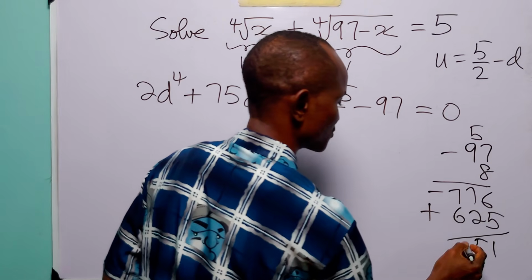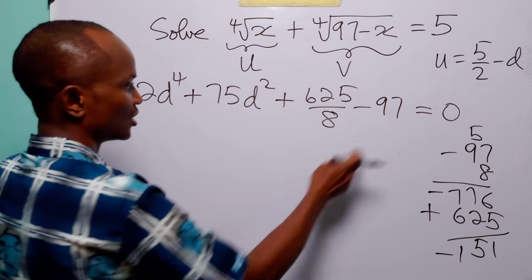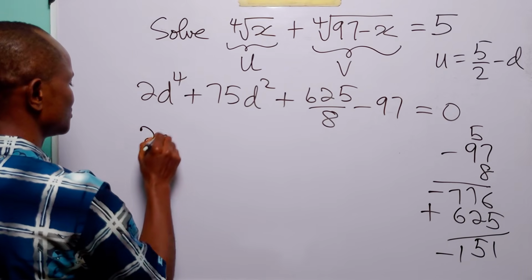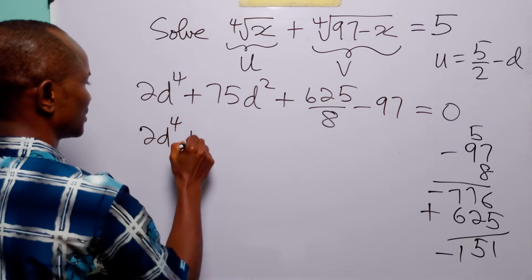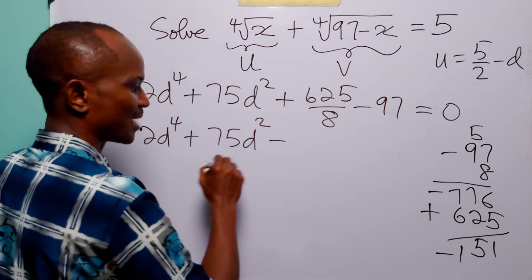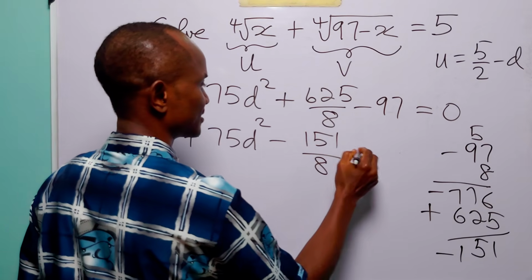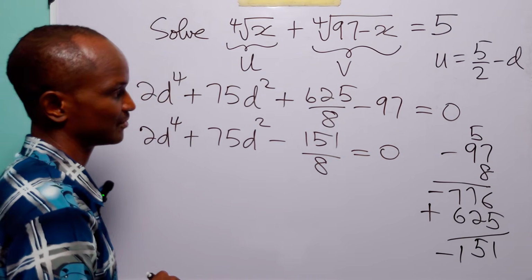And 7 minus 1 is 5. And of course, this is negative. So this equation becomes 2d to the power 4 plus 75d squared minus 151 over 8 is equal to 0.